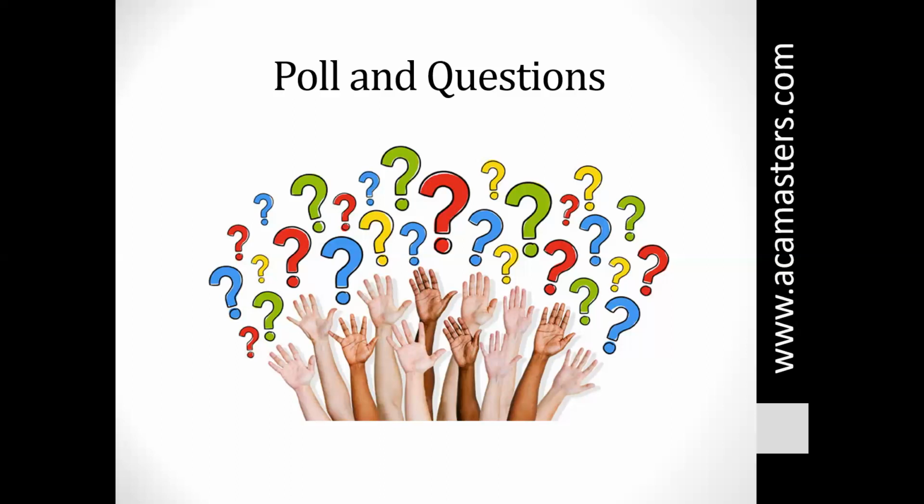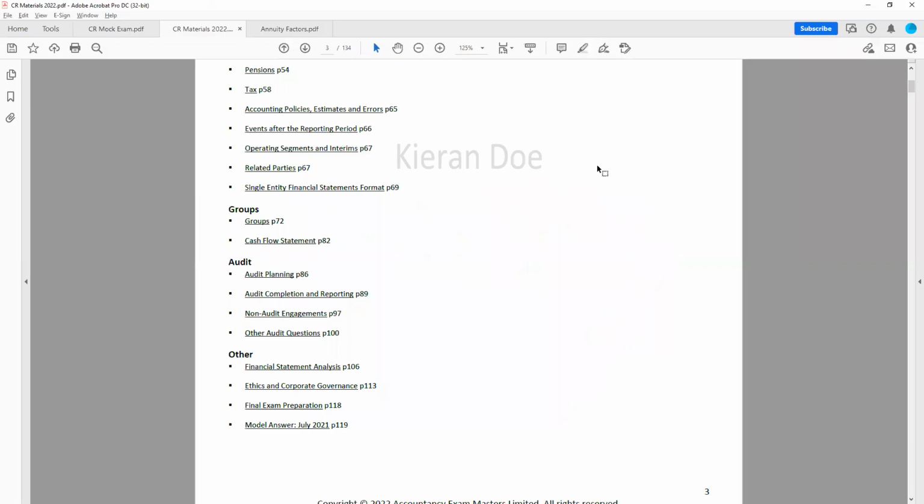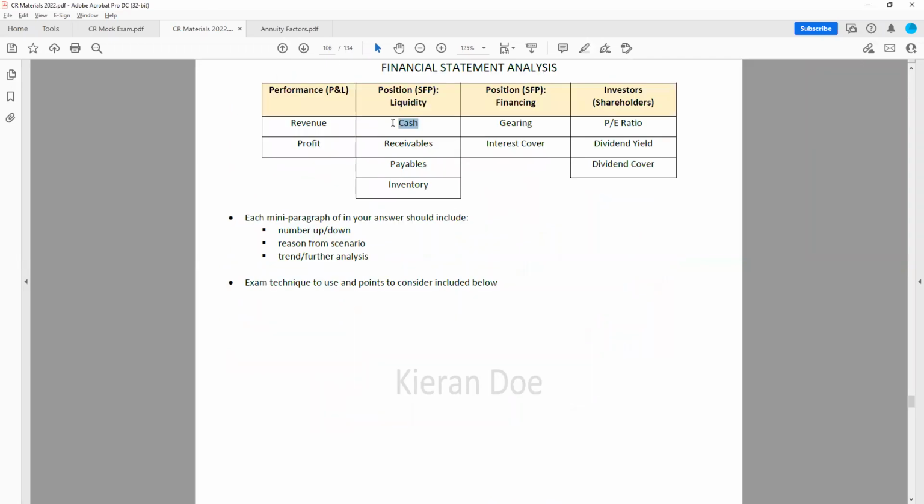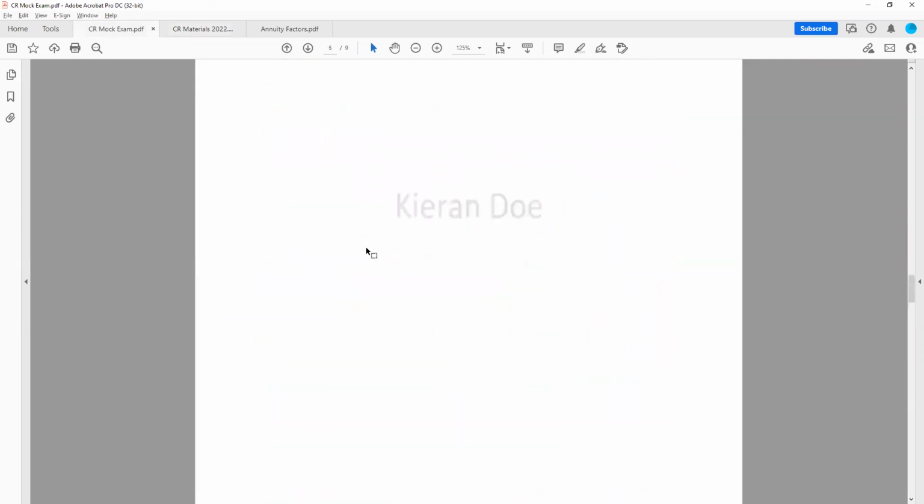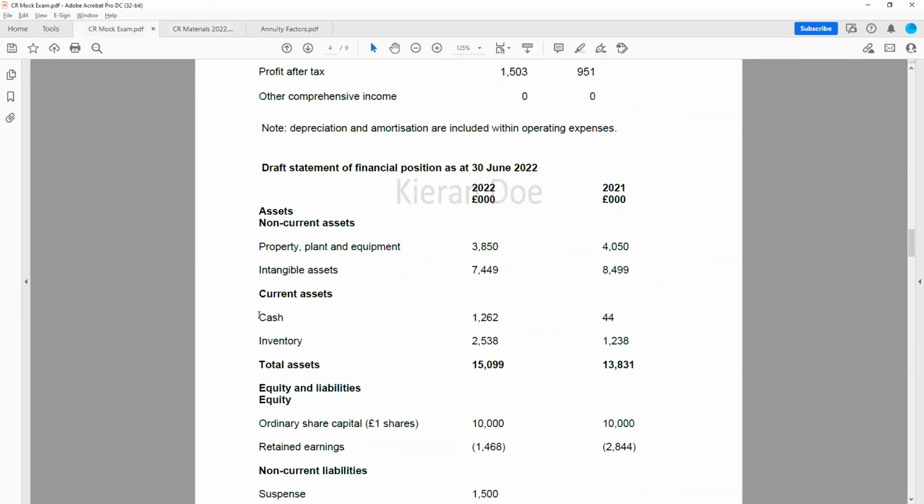Because when you're analyzing the position of the business, one of the things you're absolutely going to look at is cash. It might give you the SFP and all you've got is the cash balance, but actually you might have the cash flow statement and you can see what the company is spending cash on. So being able to interpret a cash flow statement is going to be more important in corporate reporting rather than having to prepare one from scratch.